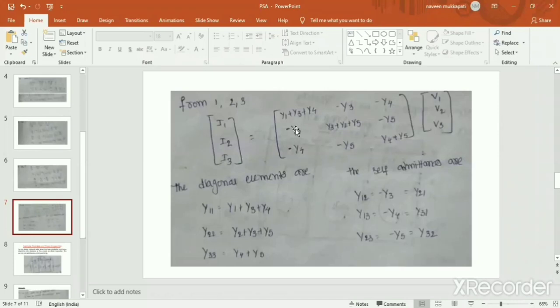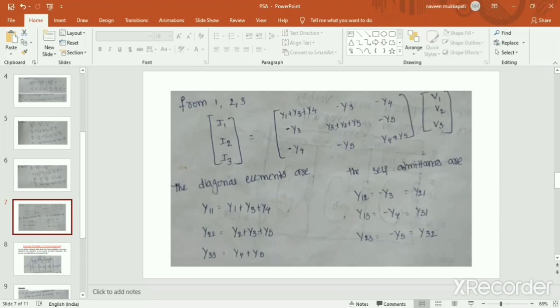How will we form the Y-bus matrix by the direct inspection method? By using KCL, that is Kirchhoff's current laws, by using nodal analysis, we write down the equations for I1, I2, I3, and then we form the Y-bus matrix.